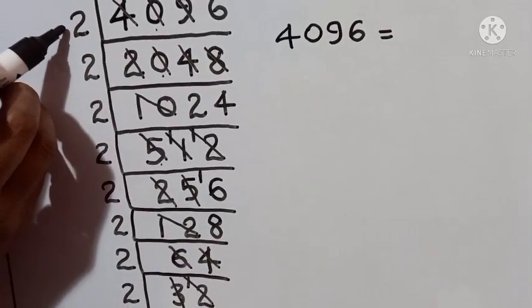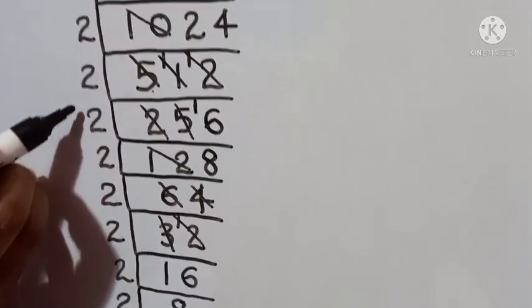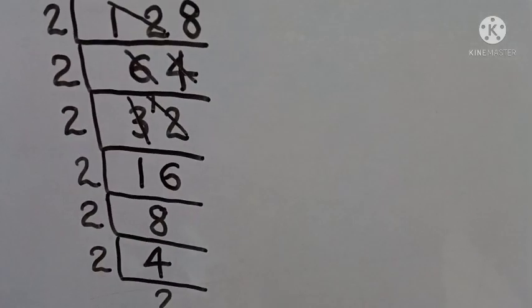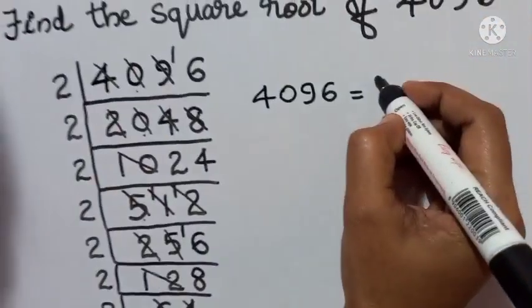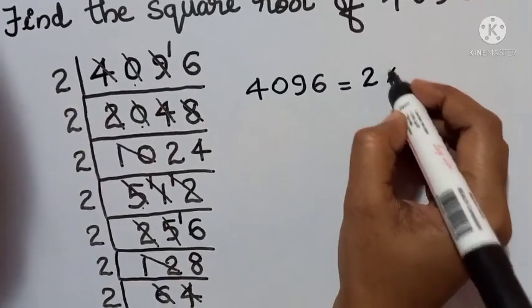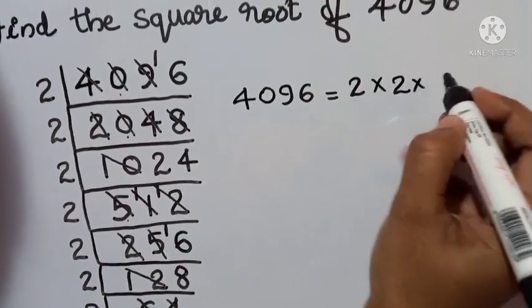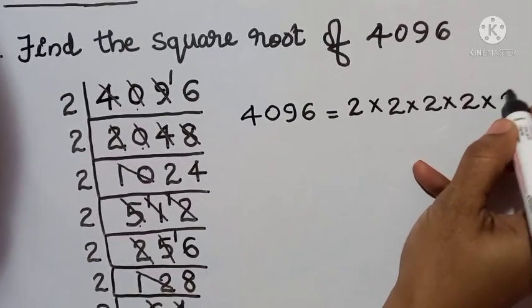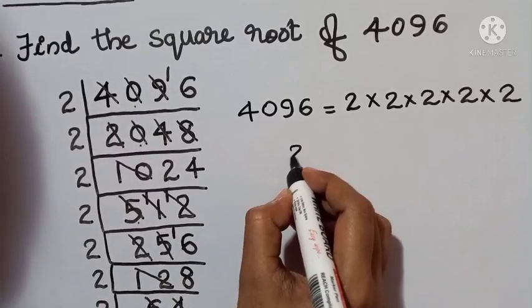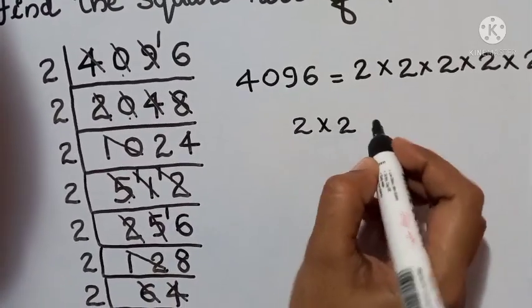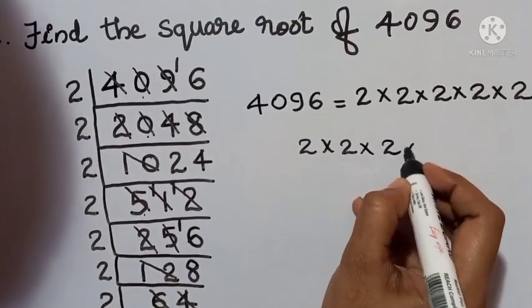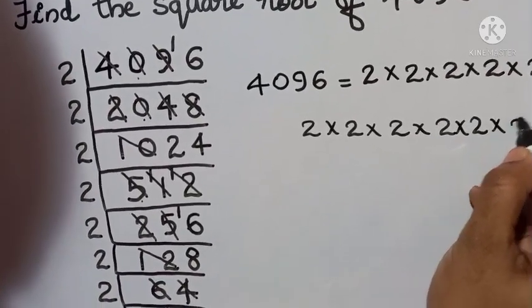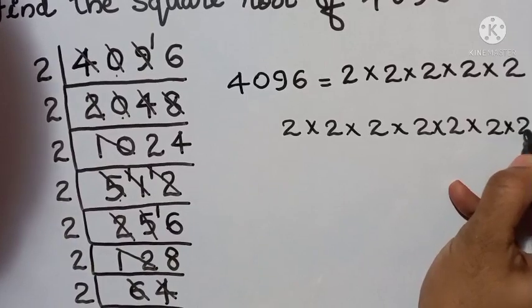We have got 1, 2, 3, 4, 5, 6, 7, 8, 9, 10, 11, 12. 12 times 2 we have to write: 1, 2, 3, 4, 5, 6, 7, 8, 9, 10, 11, 12.